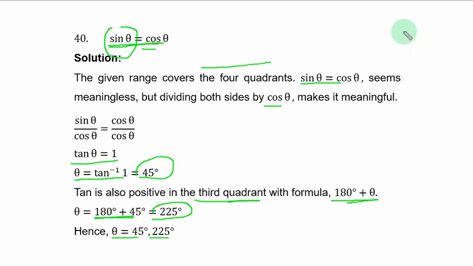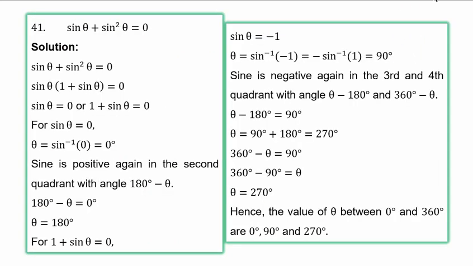Example 41. You have sin theta plus sin square theta equal to 0. This is quadratic in nature, and as such, you can factor out sin theta from the left hand side, and you have it in this form.